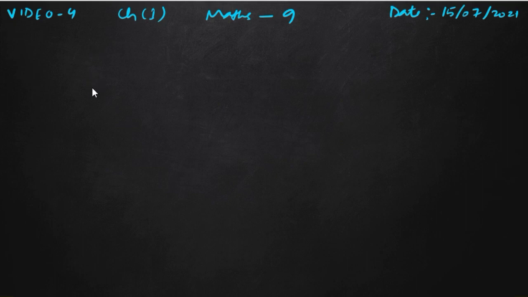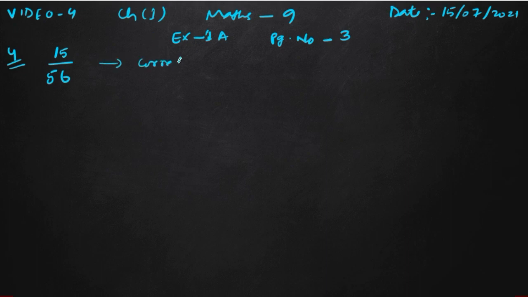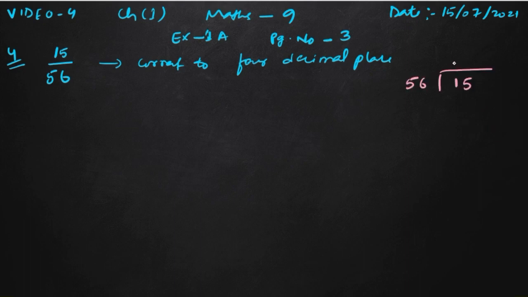Question number 4: we have to express 15 by 56 as a decimal correct to 4 decimal places. So you just need to divide it. 15 by 56: 56 zeros are 0, then 15.